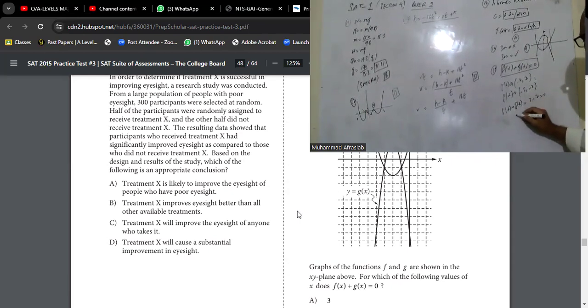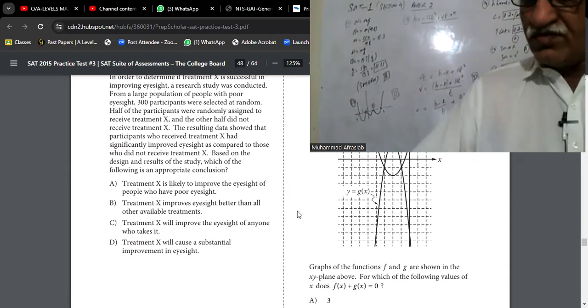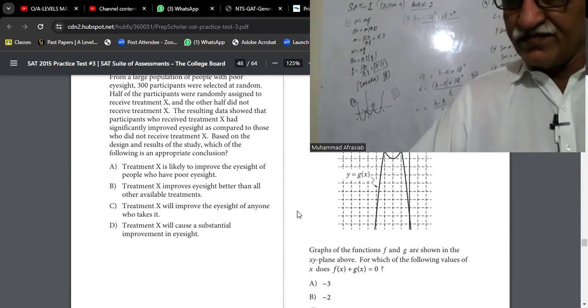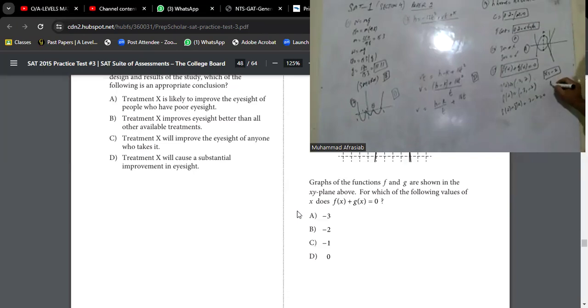So it means the x value is equal to -2, because this is the x coordinate of that portion there. So we need the value of x, which is equal to -2. And now we look at the choices. Choice B is the answer.